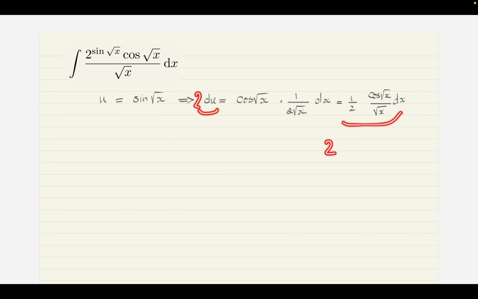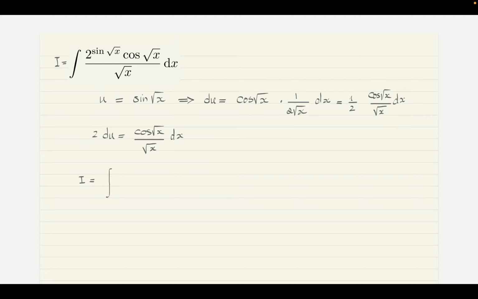So then it becomes 2 du, and this will be cancelled, and that's exactly what I need. So this means that 2 du becomes equal to cosine square root of x divided by square root of x dx.